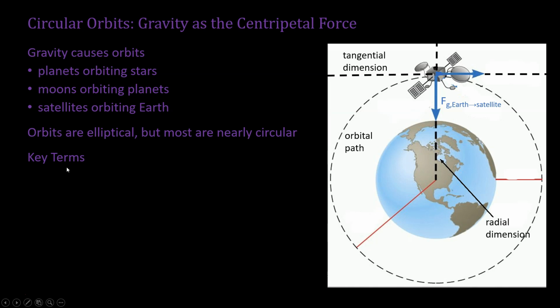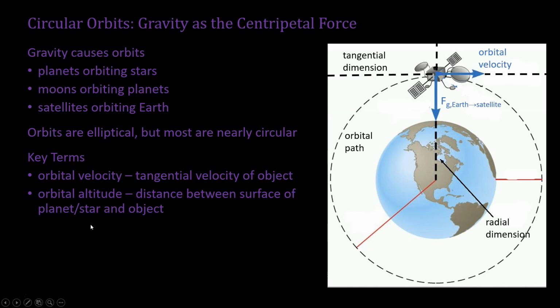Let's look at a few key terms and relate them to some of the key terms we've learned about circular motion and centripetal force. First, we have the orbital velocity, and it is the tangential velocity of the object because it's moving in the tangential dimension. Next, we have the orbital altitude. That's the distance between the surface of the planet or star and the object.